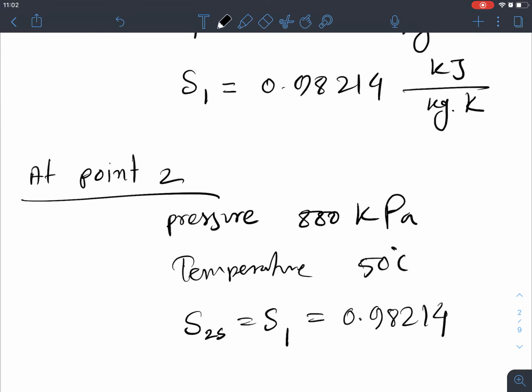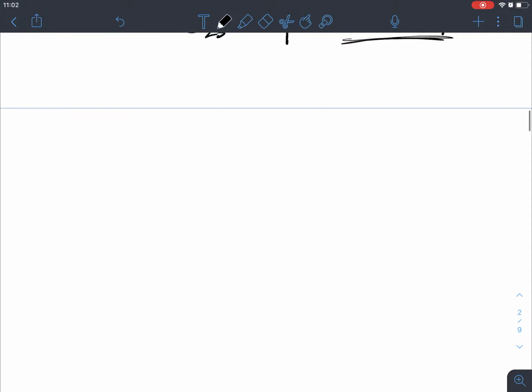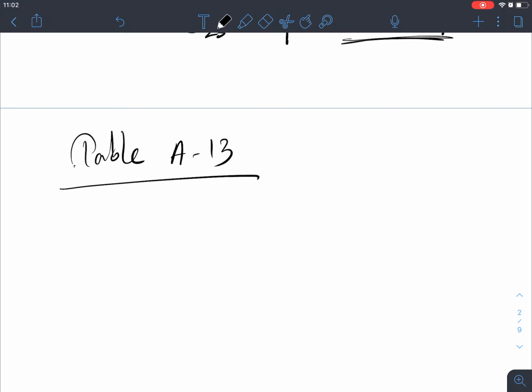With respect to this entropy and this pressure, let's see what the enthalpy is. So the enthalpy H2s, from this table, let me write the table number, table A13, right?